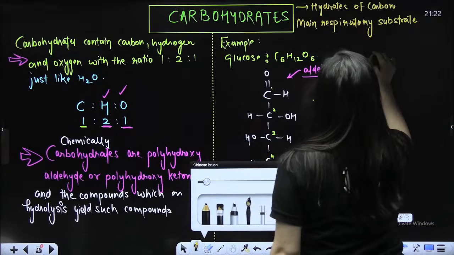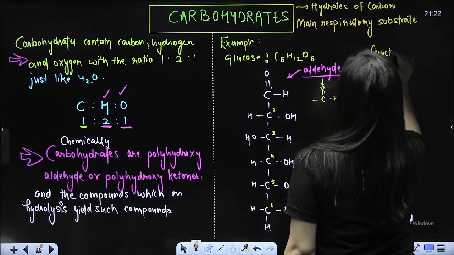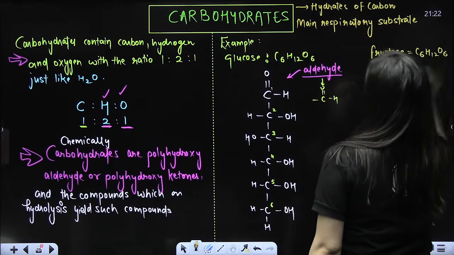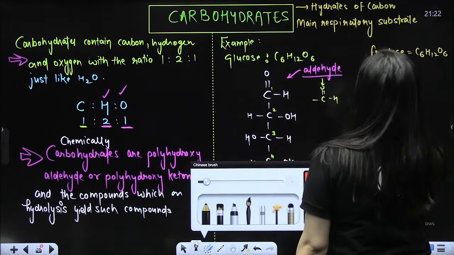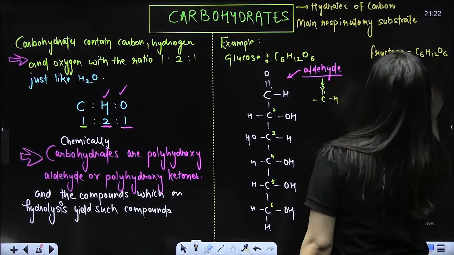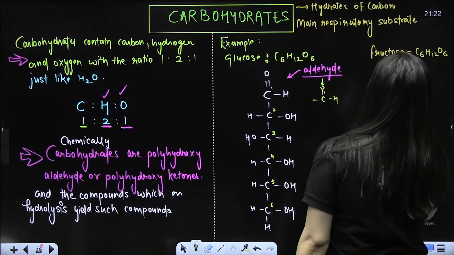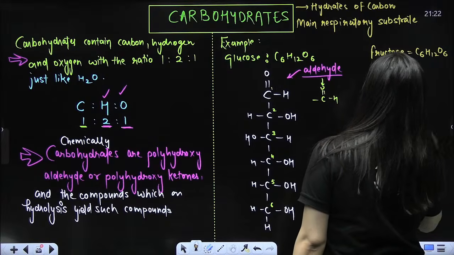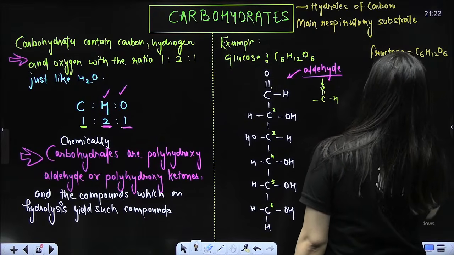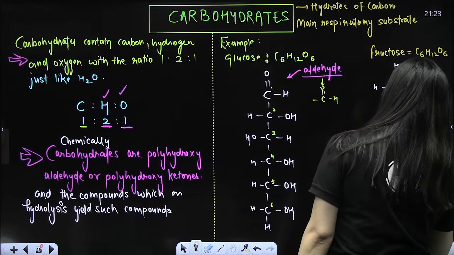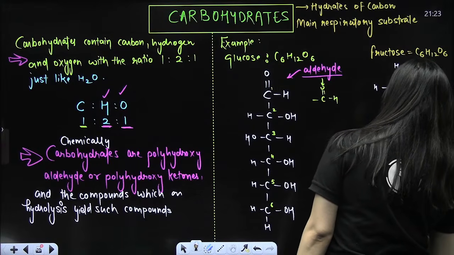We'll give you one more example, that is fructose. So fructose is basically the isomer of glucose. The formula is same, C6H12O6. Now here what you can see, look at this.